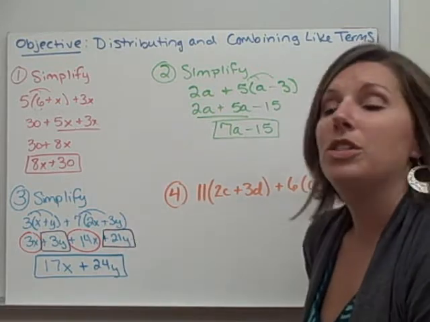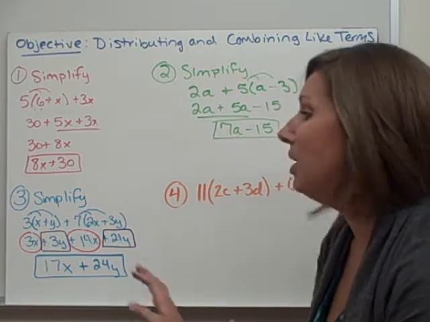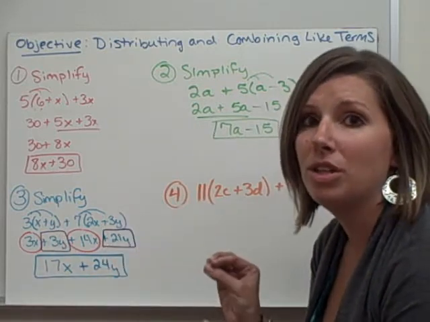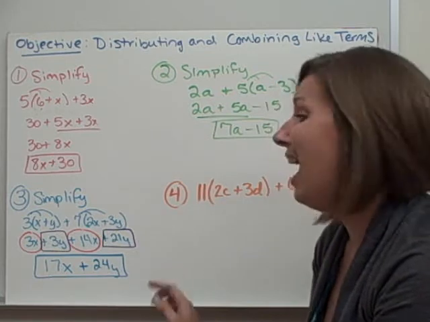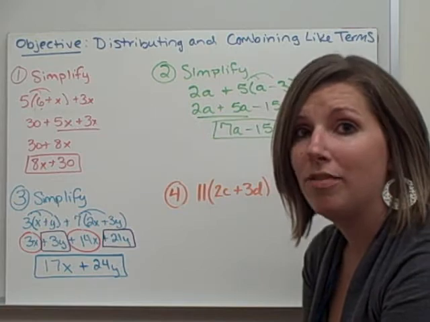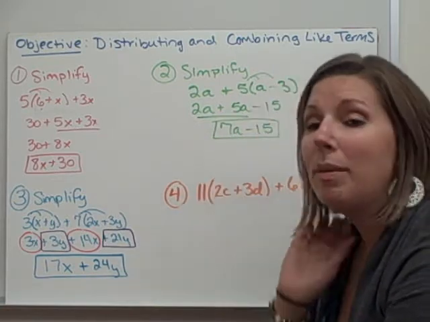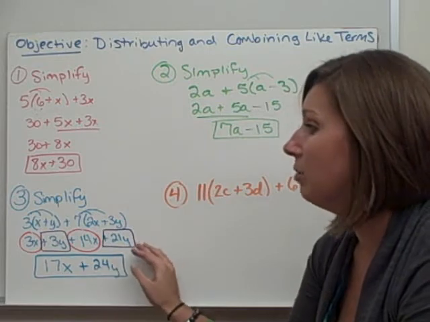Here we've got a situation where I've got two distributing problems in one. So I'm going to have to take care of each distributing scenario before I start combining like terms. I cannot combine like terms until I've completed the multiplication part of my problem. When we use PEMDAS, the multiplication comes before the addition and subtraction.